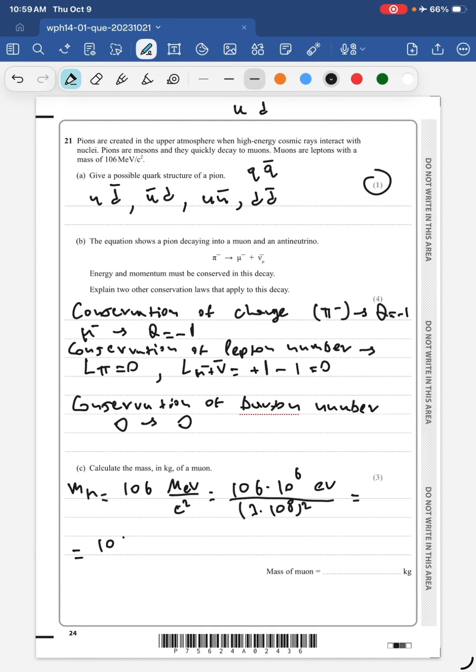And then recall that 1 eV is 1.6 times 10 to the negative 19 joules over c squared yields 1.88 times 10 to the negative 28 kilograms.